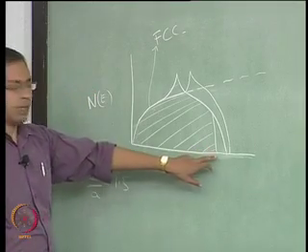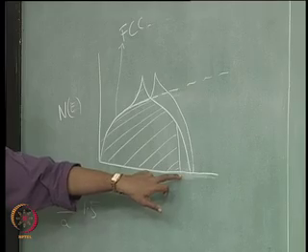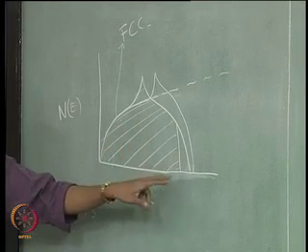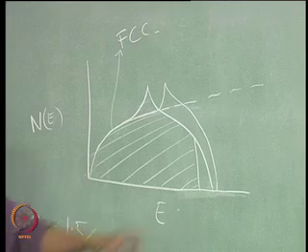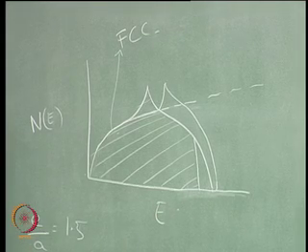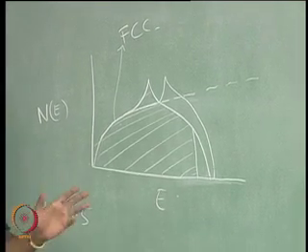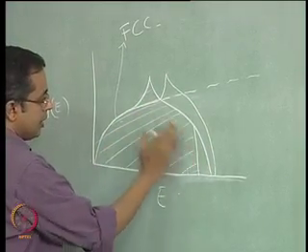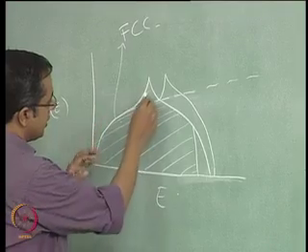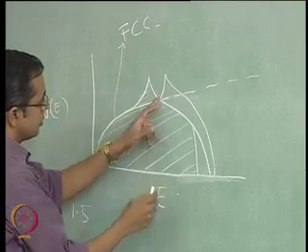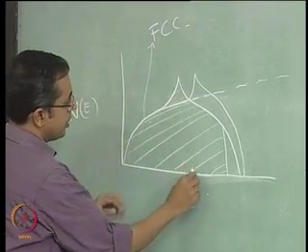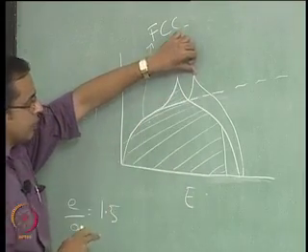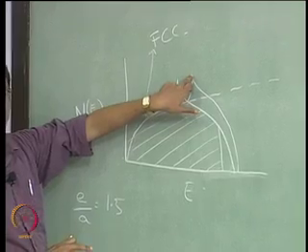If you use the FCC structure, which is the parent structure, the terminal solid solution, and you are building up on it, you arrive up to here. On the other hand, if you use the BCC structure, the curve you have to follow is like this. Once you cross this point here, the number of states corresponding to BCC is actually climbing.